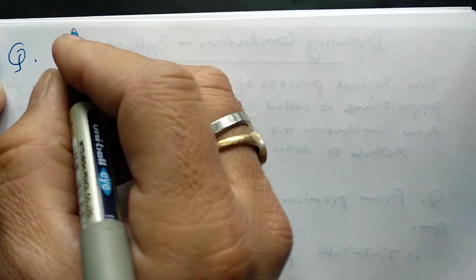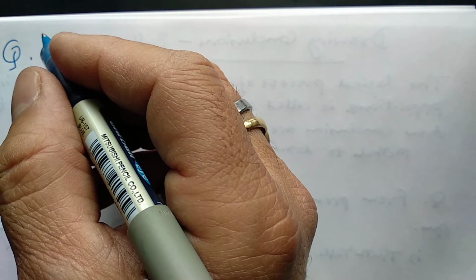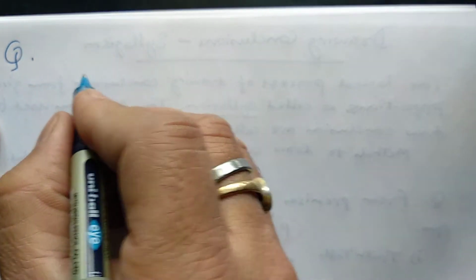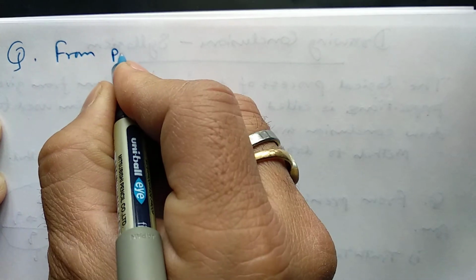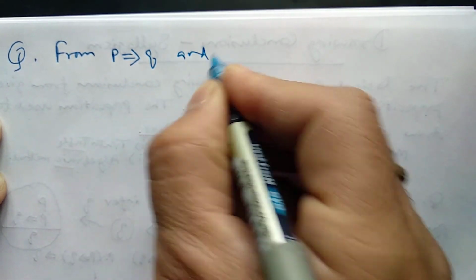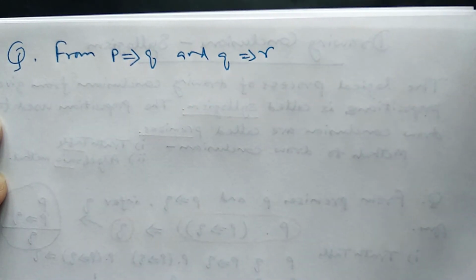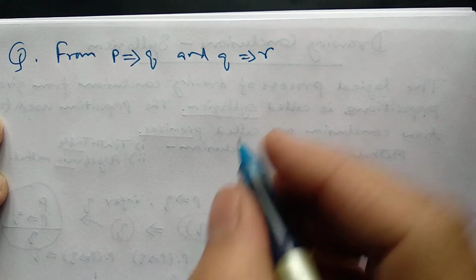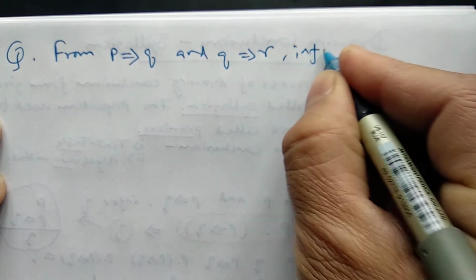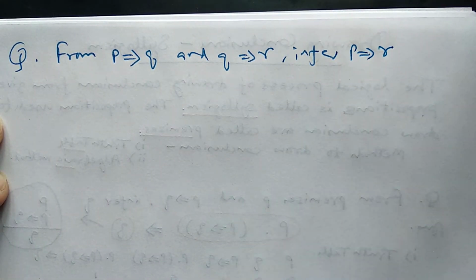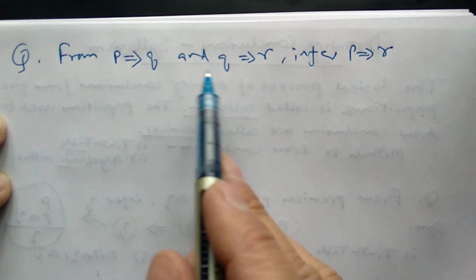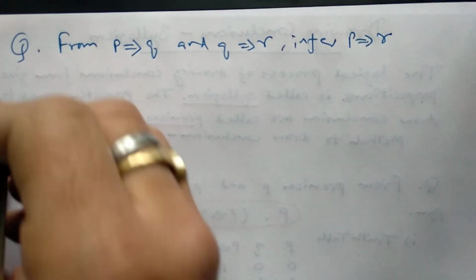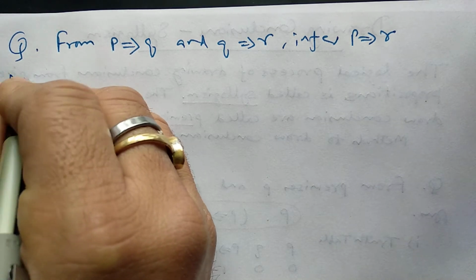Now we can have another question. That question is, from P implies Q and Q implies R, infer P implies R. Let's do this question.